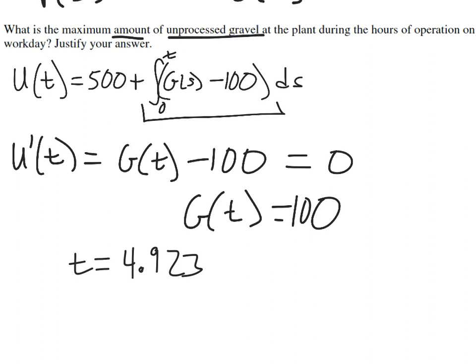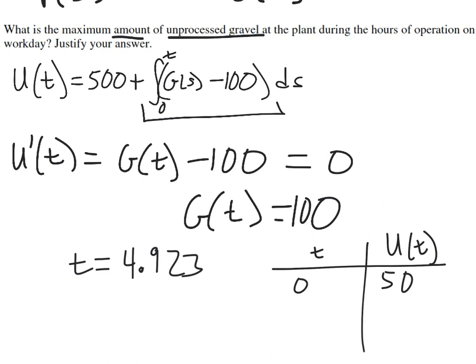Now we've got to check. We're looking for a maximum and minimum on an interval, and so we need to do a table of values. We got some times, and we got some u of t's. Okay. Now we know at time 0 we have 500, and we're going to need to compute this 500 plus the integral there.